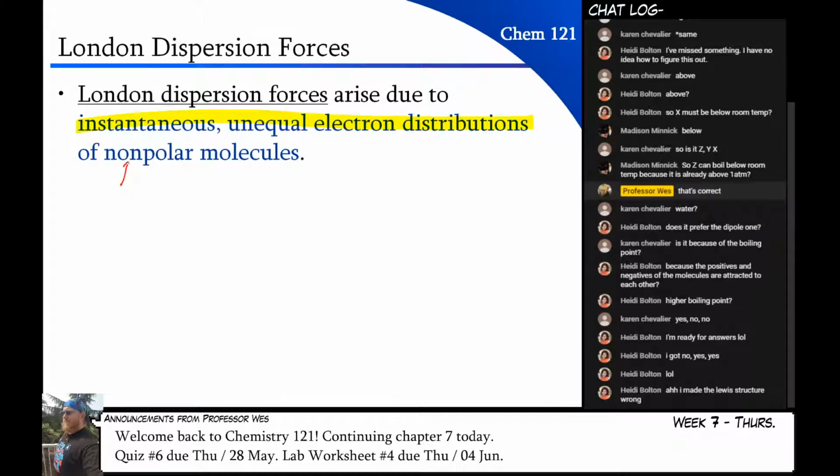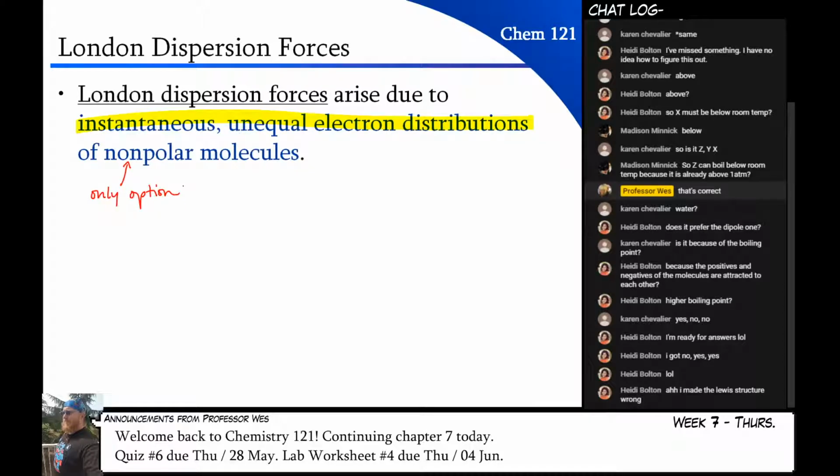Now, this is a little bit misleading. I wrote nonpolar molecules here, but really the only requirement is that you have electrons. In fact, all molecules have electrons, so all molecules have dispersion forces. It's just that if you are nonpolar, this is your only option.